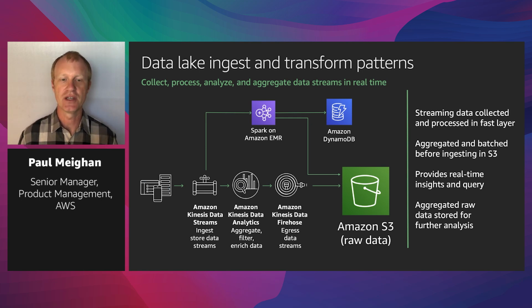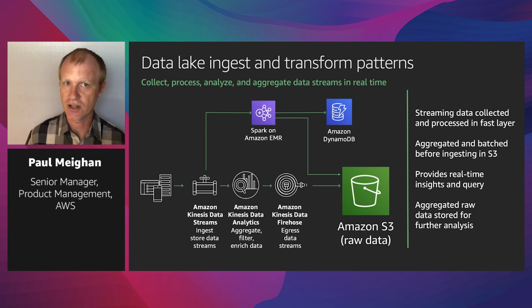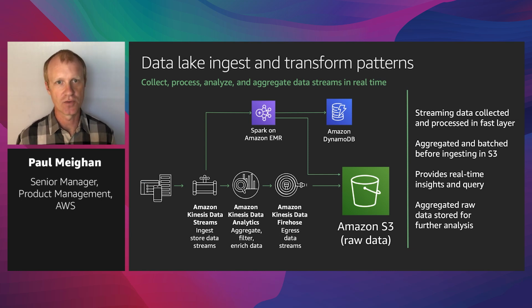It also allows you to run analytics on the streams themselves. So bringing analytics as close to your data sources as possible, so that you can get much more real-time insight against data as it's coming in. So you can be feeding Spark on a near real-time basis and getting those insights very quickly.